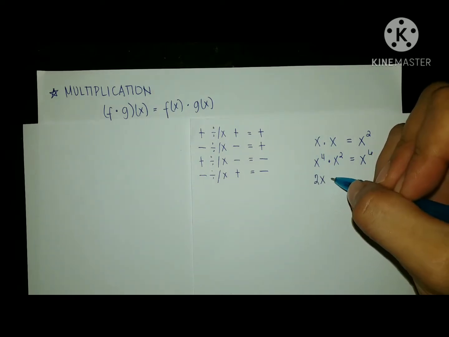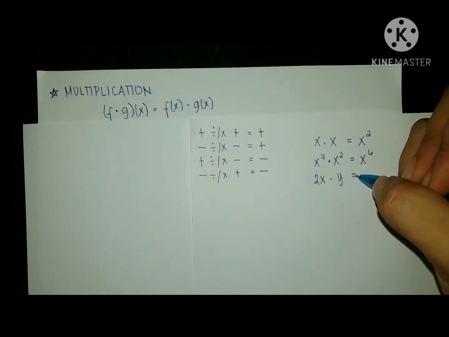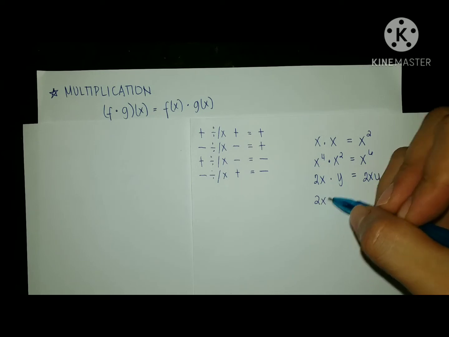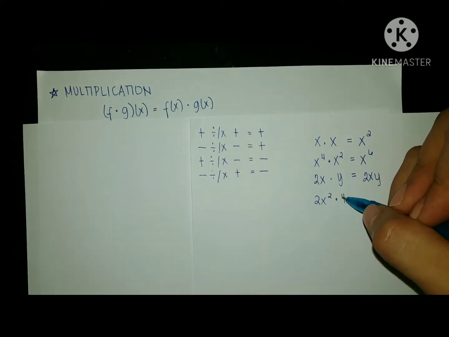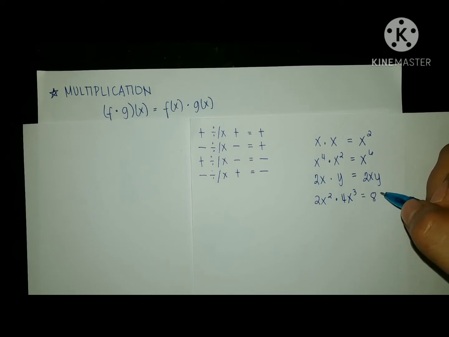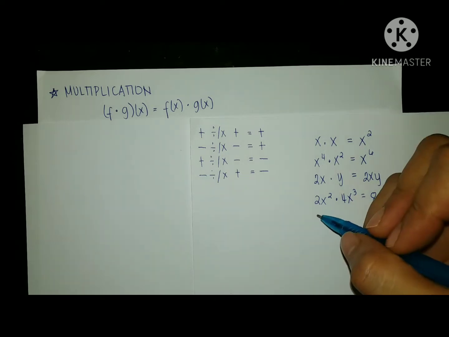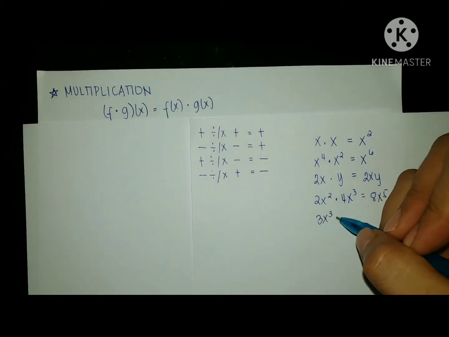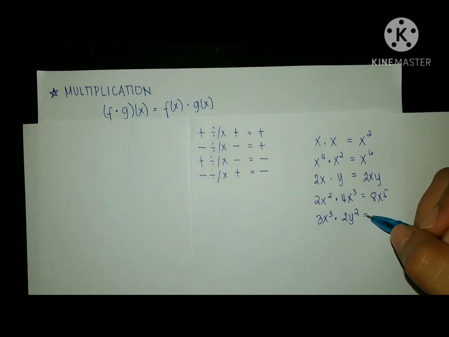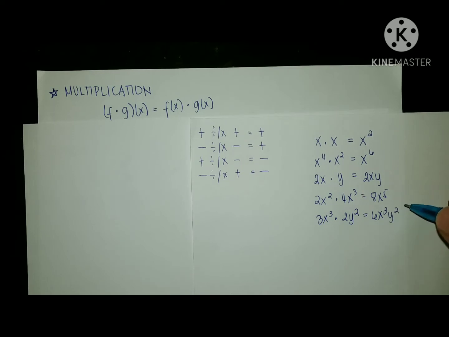Then 2x times y is equal to 2xy. Then 2x squared times 4x cubed is equal to 8x raised to 5. And 3x cubed times 2y squared, that is 6x cubed y squared.